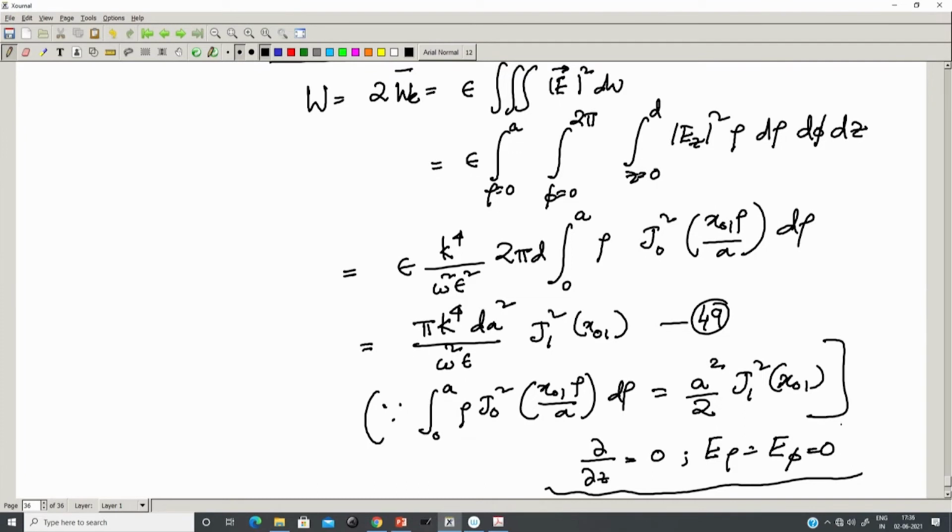So, that is why mod E square becomes equal to mod Ez square.